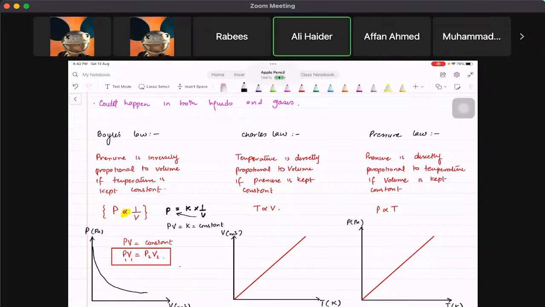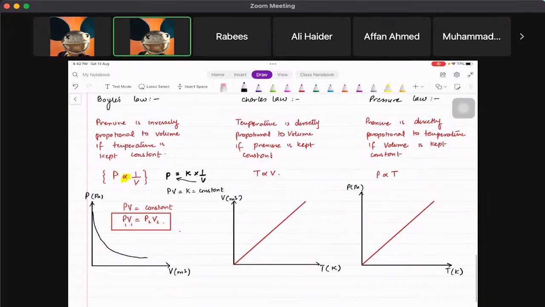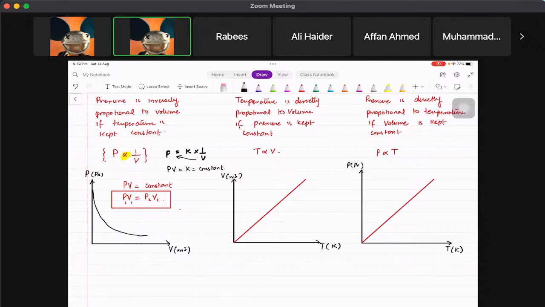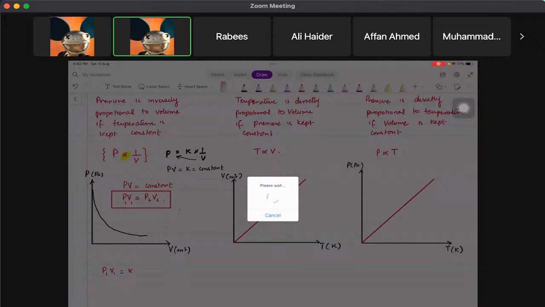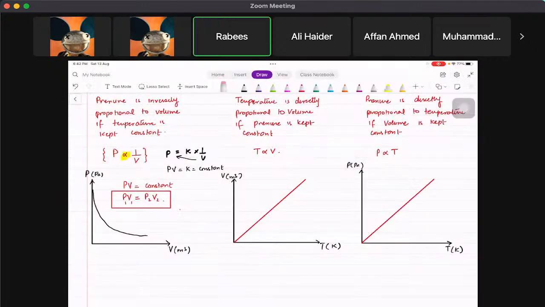And what about P1 V1 equals to P2 V2? So I said basically if a gas is at a certain volume, P1 and V1 is equal to K. So you're looking at the same gas but at a different pressure, then it will have different volume.